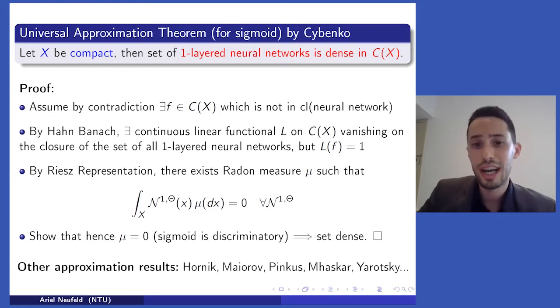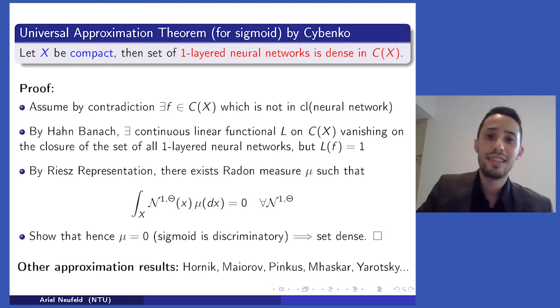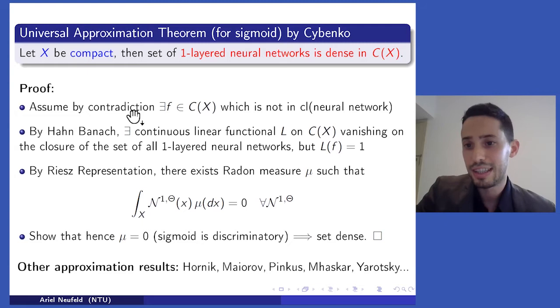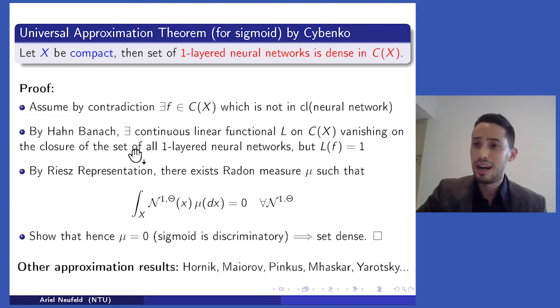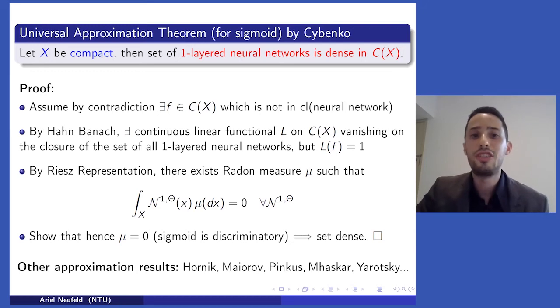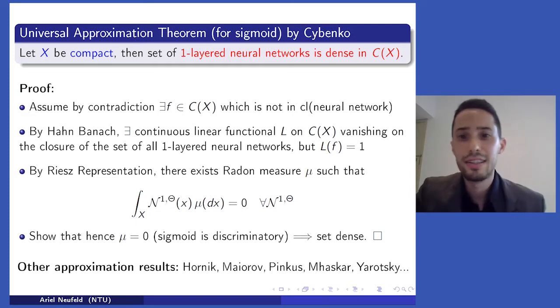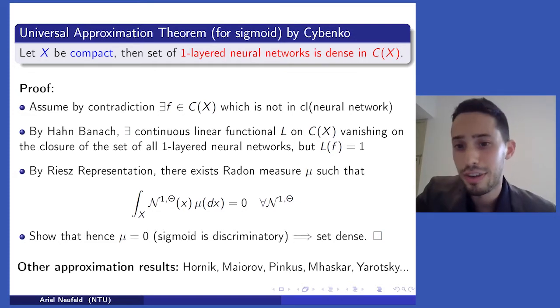Assume by contradiction that the set of neural networks is not dense. So there exists a continuous function which does not lie in the closure of the set of neural networks. Then, using the Hahn-Banach theorem, there exists a continuous linear functional L which vanishes on the closure of the set of neural networks, but gives the value 1 when applied to this continuous function f.